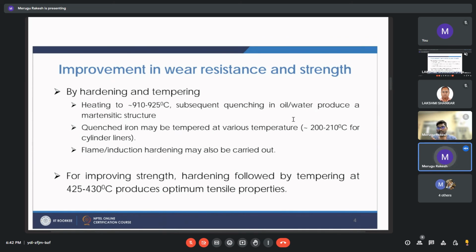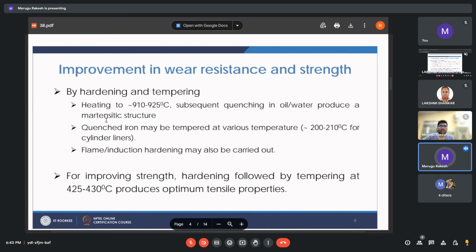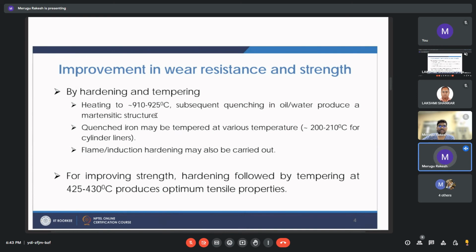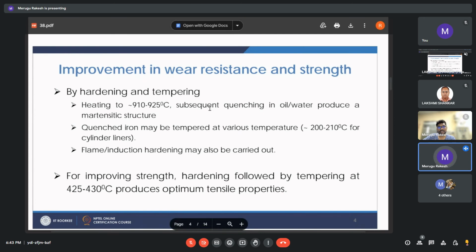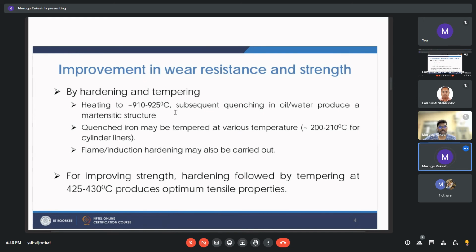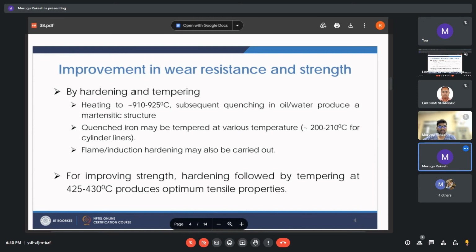It may transform completely into a martensitic structure, or only the surface thickness transforms into martensite, which has very good wear resistance, whereas the core stays ductile, like a ferritic or pearlitic structure, so that we have both very good hardness on the surface as well as very good toughness of the component. That is how heat treatment improves wear resistance.